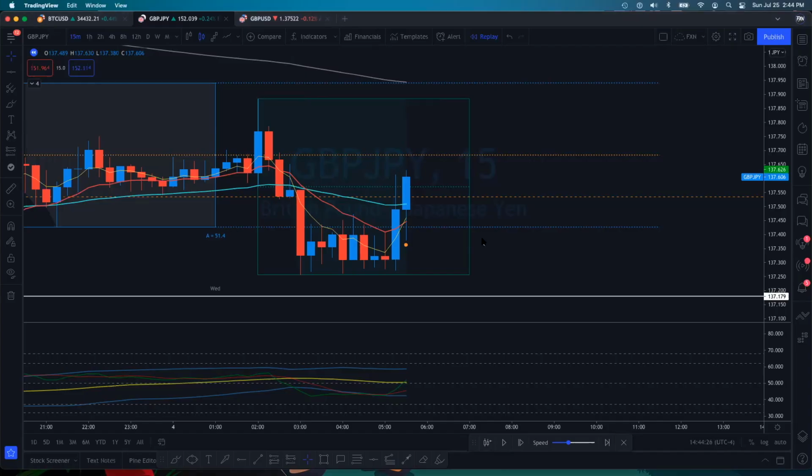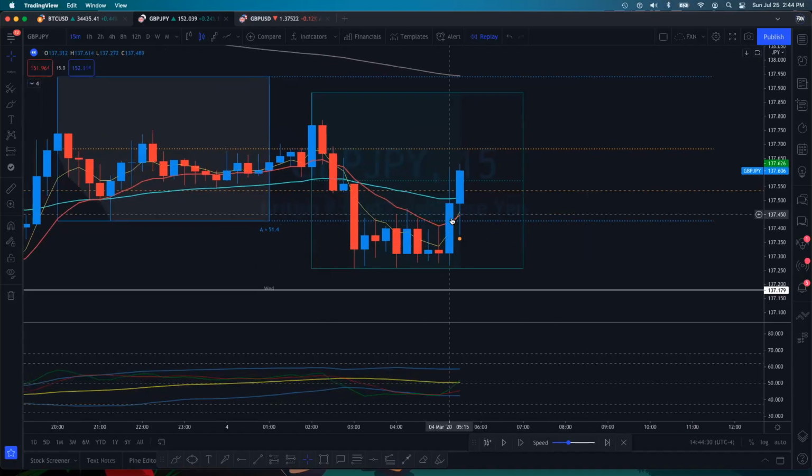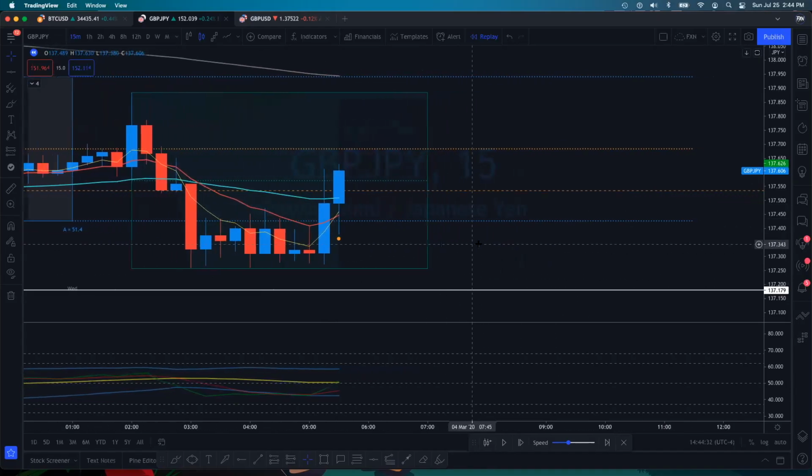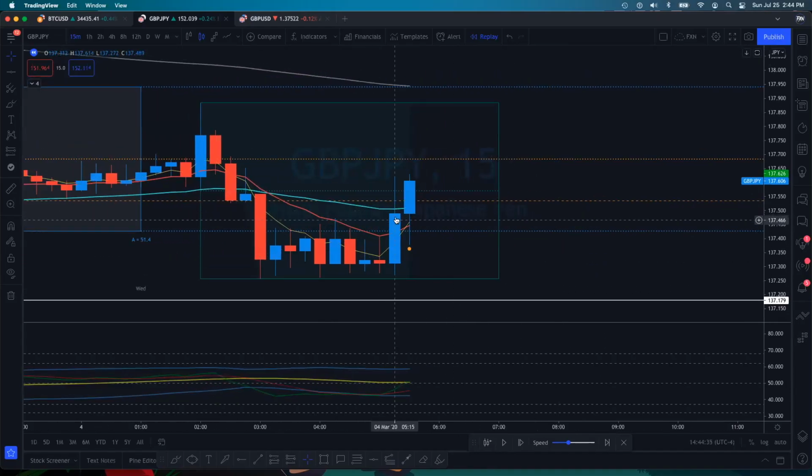So when you make a trading decision, you're making it after this candle's over with. Right, after this candle's over, then you make a decision to either get in the trade or not. You're not making the trading decision while this candle is still going.